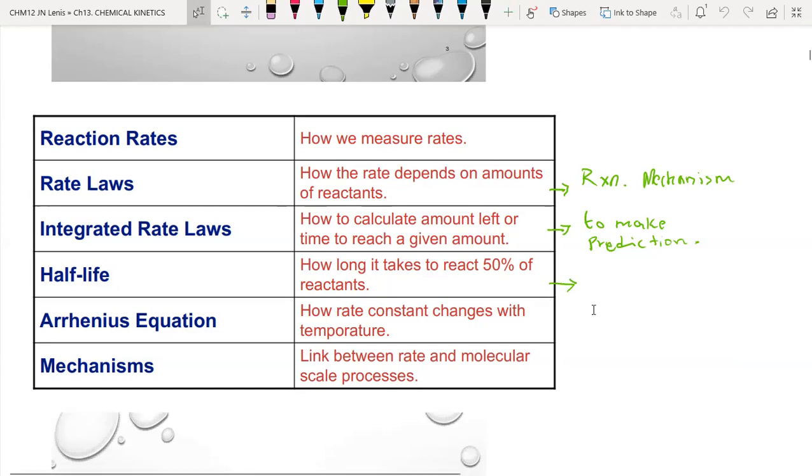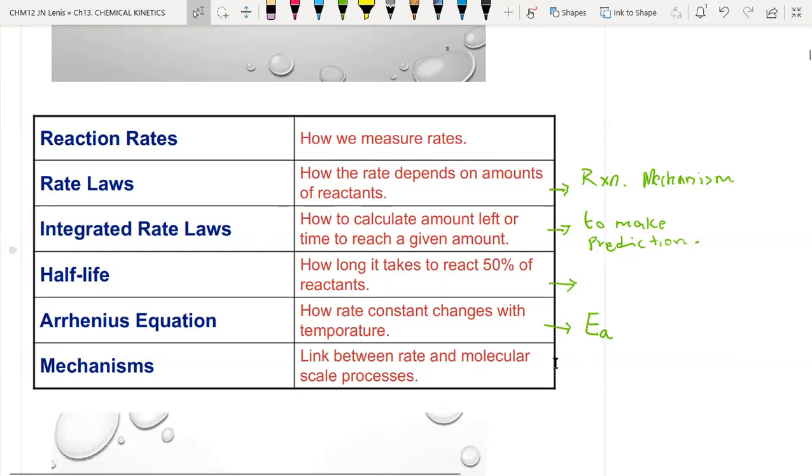And then we are going to study the Arrhenius equation. The Arrhenius equation will help us basically to find something that is really important, and we call it activation energy.